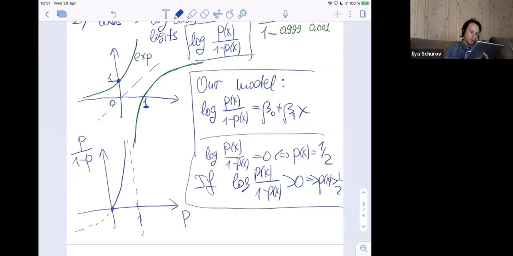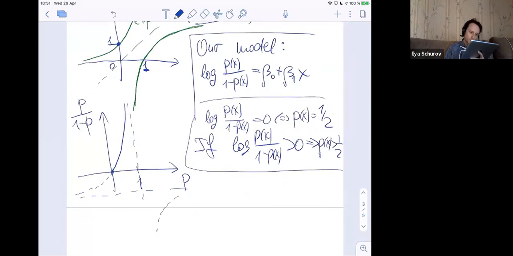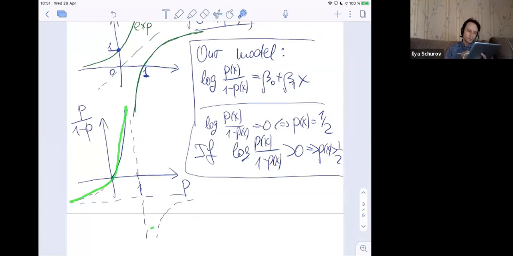If you draw the full graph, it is a pair of hyperbolas like this and this. But what is important for us is that if we consider this function only on this segment, then this function is from 0 to infinity.